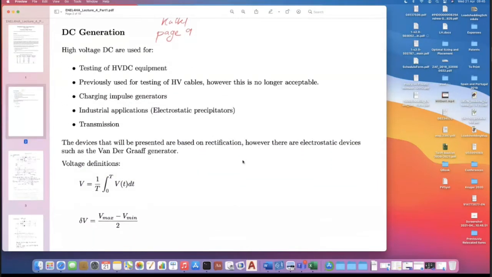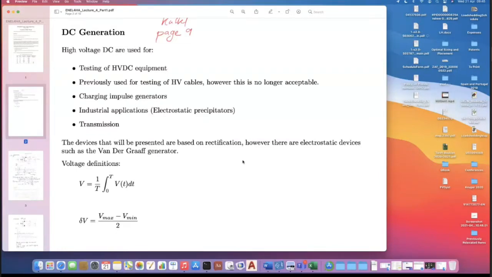Right, so we're going to start with DC generation. High voltage DC is used for testing of HVDC equipment. It can be used in some sort of medical equipment as well. It's previously been used for testing of HV cables, but the oil paper cables, not the XLPE.